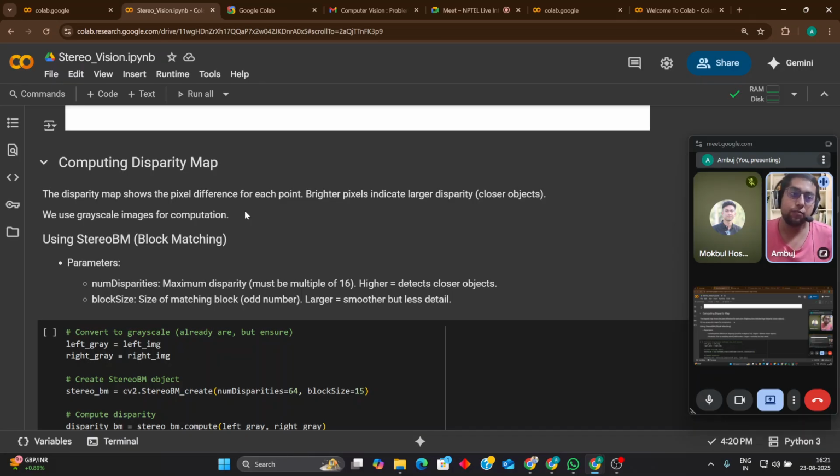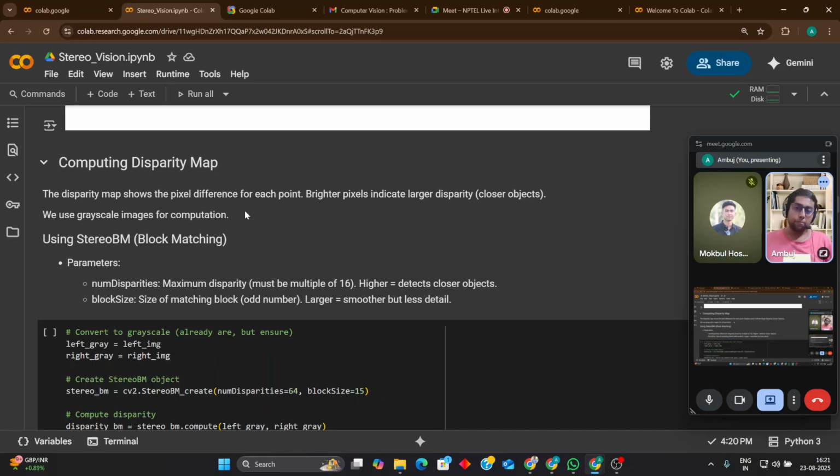Disparity map will show me the pixel difference for each point. Brighter pixels will indicate large disparity, while the grayscale, dull pixels will indicate that the disparity is low.